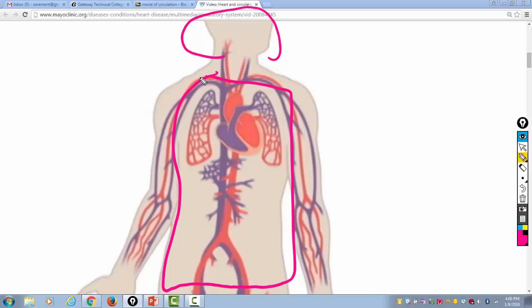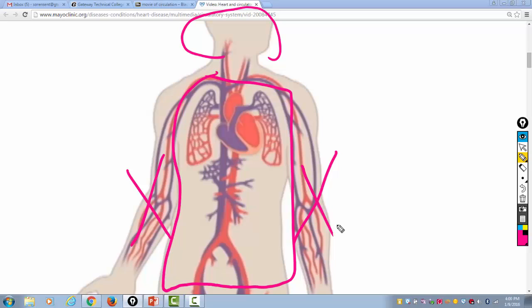So the body will sacrifice non-essential parts of your body in order to maintain blood flow to your brain and vital organs. So it will sacrifice blood flow to the extremities and to the skin in order to maintain blood flow to your brain and vital organs.